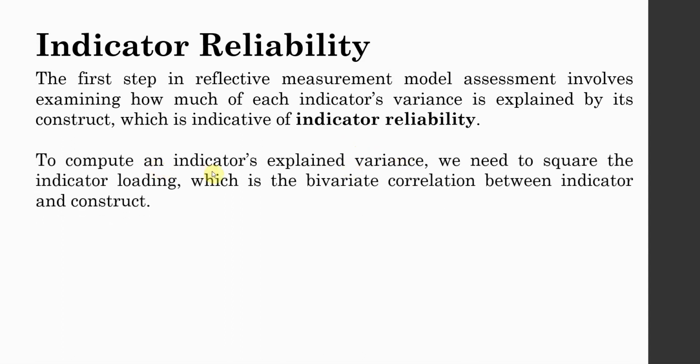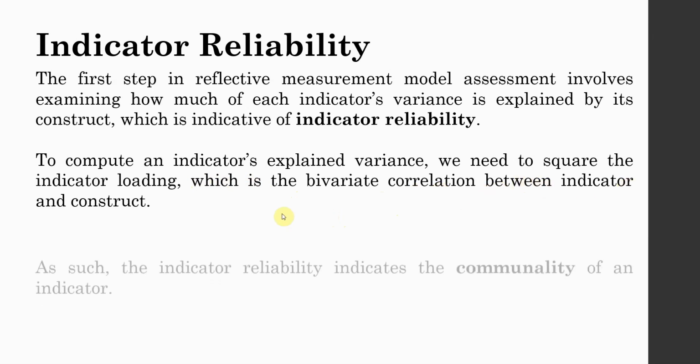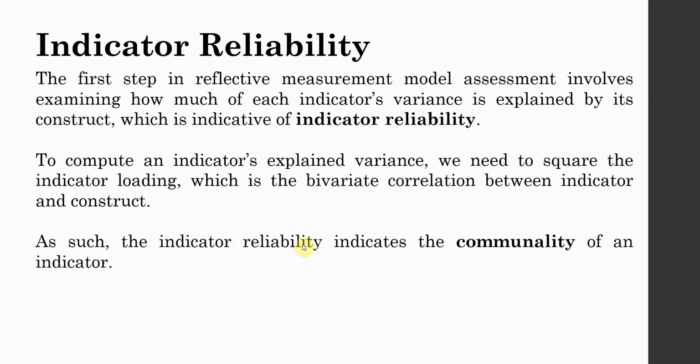Now to compute an indicator's explained variance, we need to square the loadings that we saw in earlier videos as well. And that loading is actually the bivariate correlation between the indicator and the construct. As such, the indicator reliability indicates communality of an indicator.